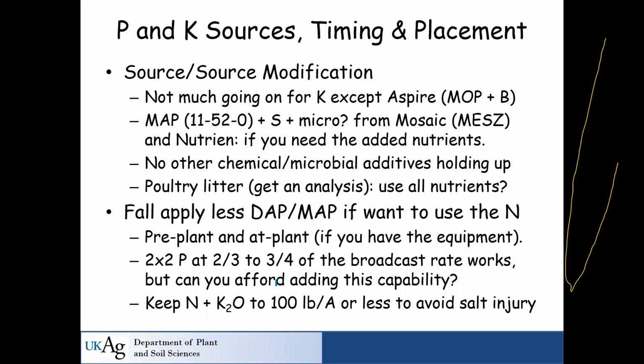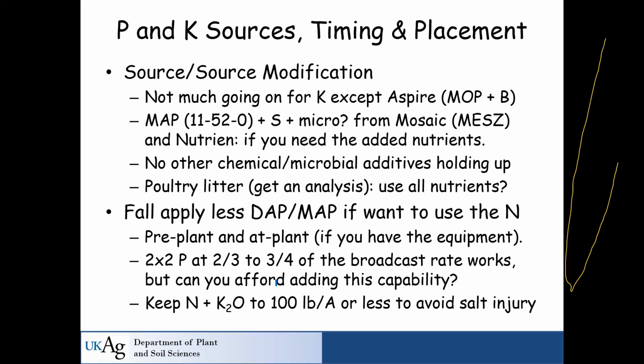One thing people might want to do is start pushing retailers to offer triple superphosphate, plain old 0-46-0. There's about to be a surge of it on the market because the Moroccans are now irritated with Mosaic, and they've decided they're going to pay the tariff, and they're coming into the US market gangbusters, and they're going strong to make us think about using their product instead of DAP or MAP.